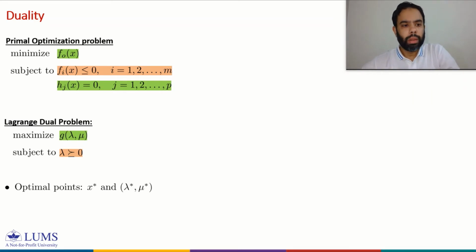Okay, so to understand the relationship between the Lagrange dual function g(lambda, mu) and the functions of the primal problem, we take a very simple case. We choose to have only one inequality constraint and no equality constraint.